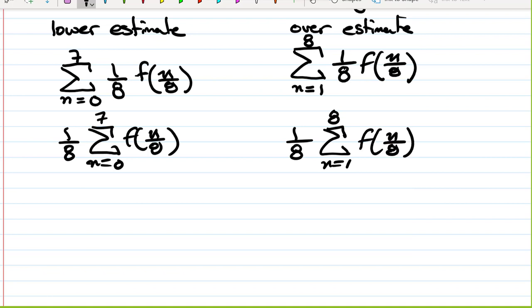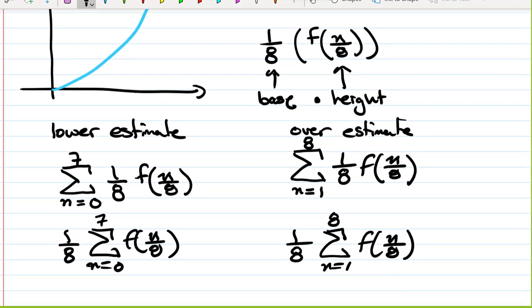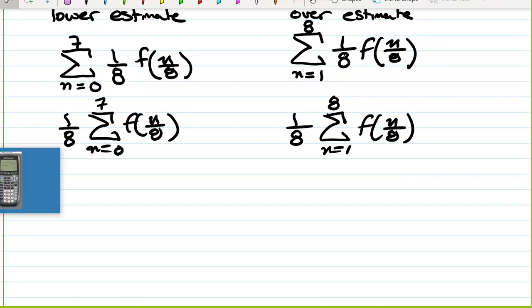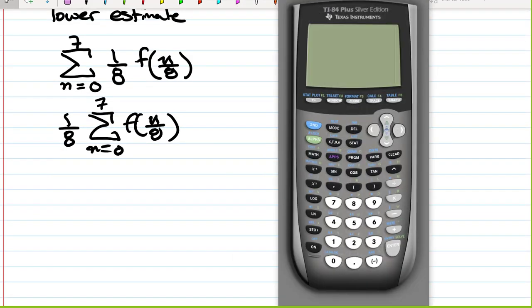So let's go ahead and put each of these in our calculator and calculate these sums. The first thing we need to do is make sure our squaring function is in. So that's our f, and it's already in our calculator. And then we are going to have 1/8. And then we have alpha window.